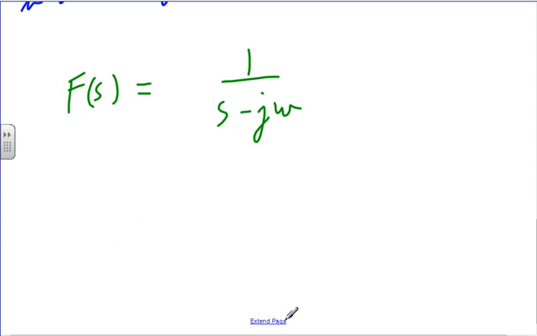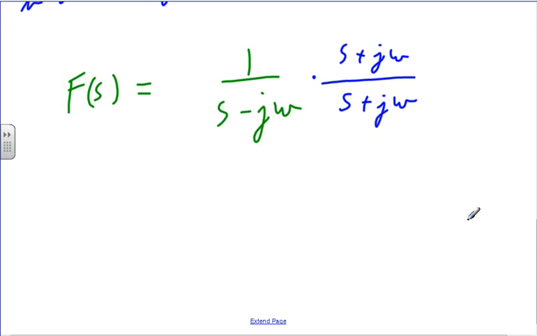Now, your 9th grade algebra teacher would tell you what about radicals in the denominator? Not allowed, right? So we can't stop. We have to get rid of the radical in the denominator, so we multiply top and bottom by the complex conjugate, s plus j omega. You would have known to do that, right? You wouldn't have left the j on the bottom.